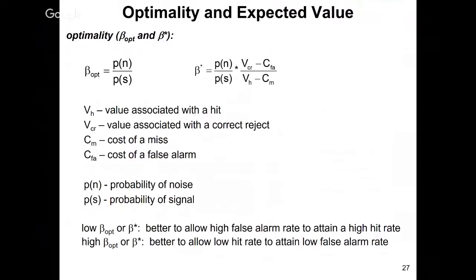What would that represent? If we're subtracting the cost of a false alarm from the value associated with a correct reject, what does that tell you? We can make up some numbers too if that helps.